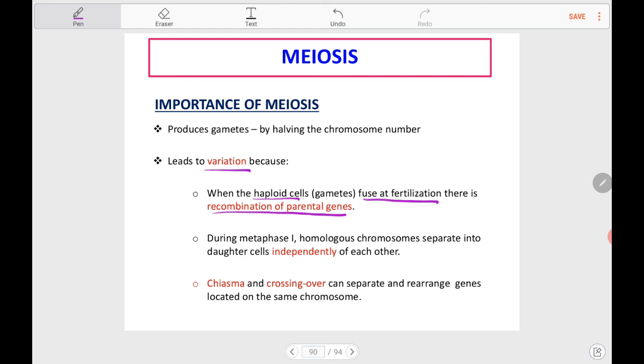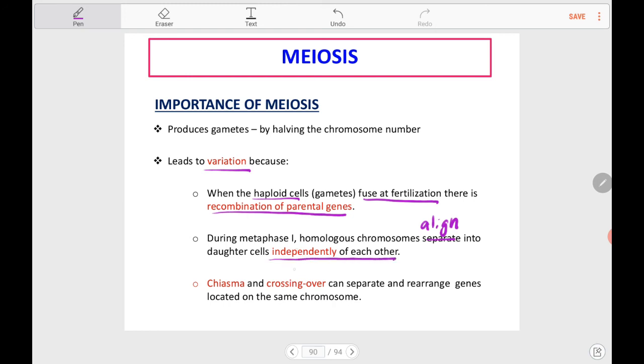So another reason for the variation is during metaphase 1, homologous chromosomes separate into daughter cell independently. So another reason is during metaphase 1, homologous chromosomes that align at metaphase plate, they do this independently of each other.